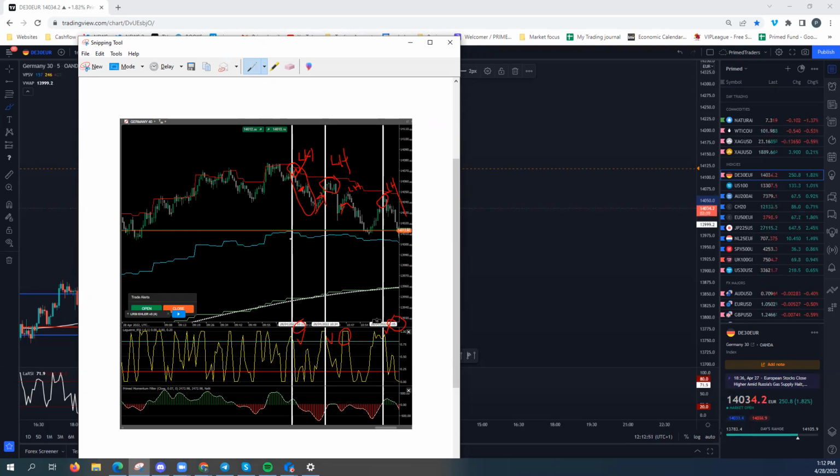Focus on what? Focus on price action and focus on hooks. Put 80% of your focus on those two, 20% on key levels, and let's say the momentum indicator.